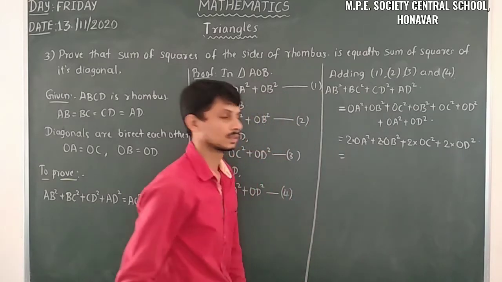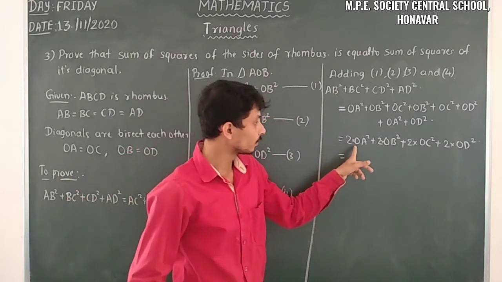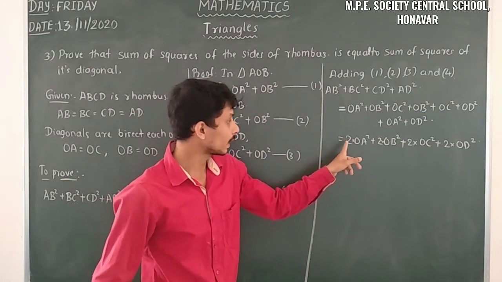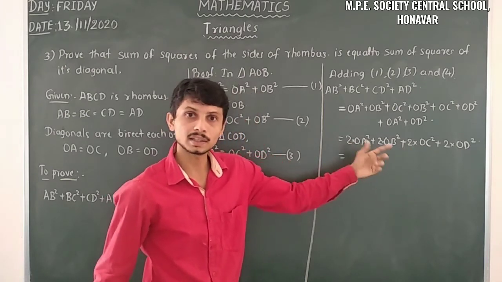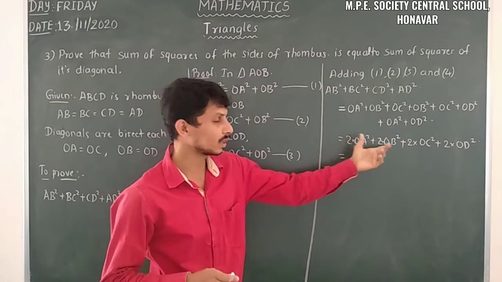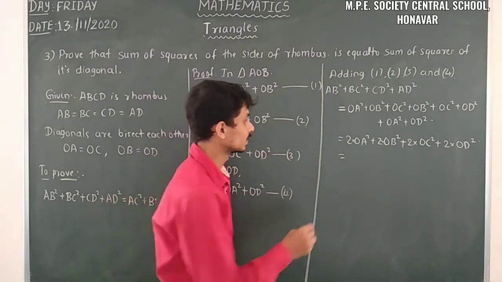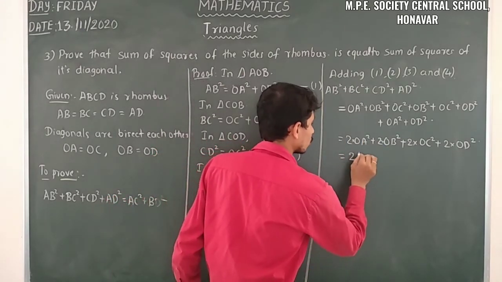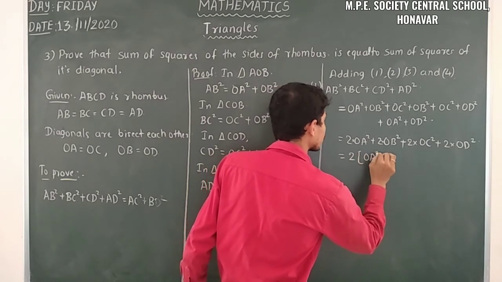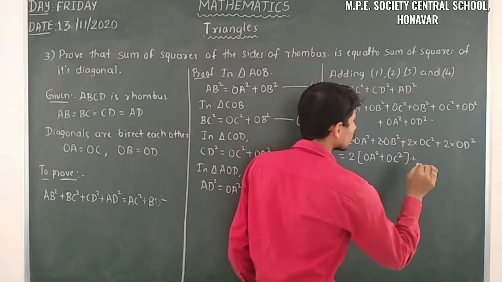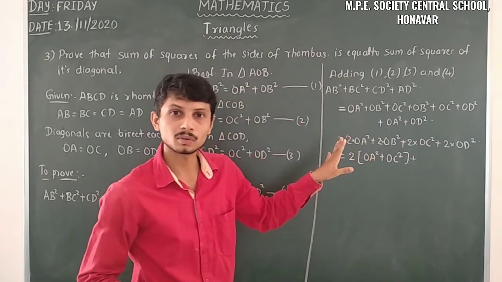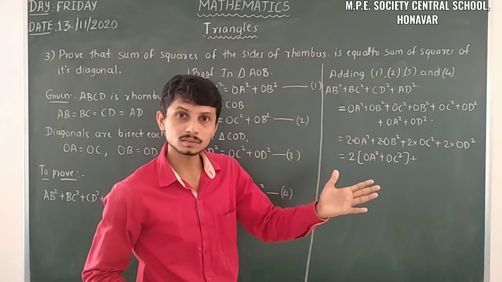So here we have to take 2 OA square and 2 OC square and combine those things. So 2 into OA square plus OC square. Then here OB square and OD square we have to combine, because look at the diagram.